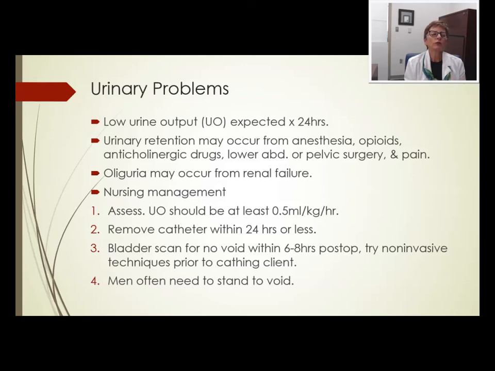You don't want to move, so you don't want to pee. Oliguria may occur from renal failure, which is a definite problem. So we want to assess. The urinary output should be at least 0.5 mL per kilogram per hour. Remember that.